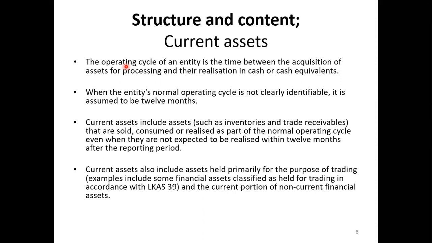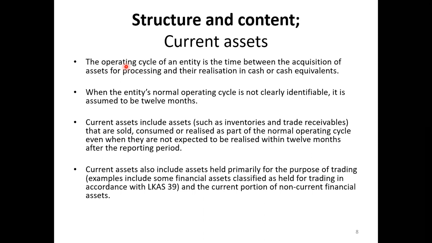If it is a credit sale, then the entity should wait until it collects cash from customers. So the total period, from the purchase of material to cash received, will be considered as the operating cycle.